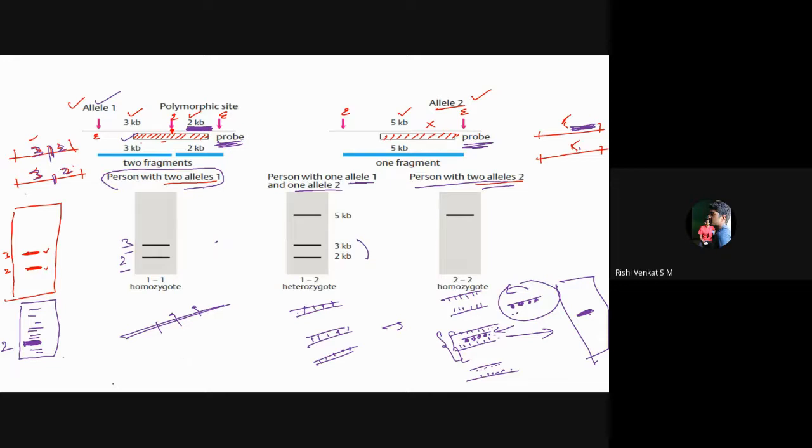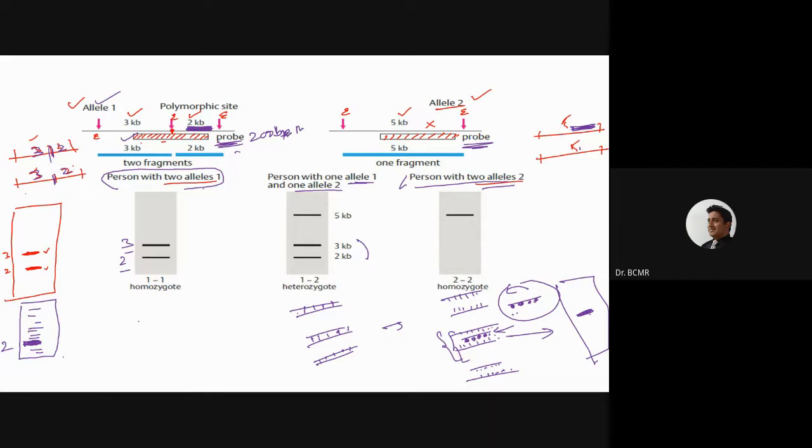You're right, that's correct. The probe can be very small, and it can also be very big. In such experiments, I have taken, say, a 200 base probe.